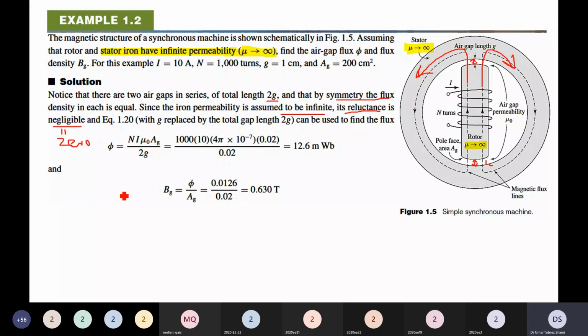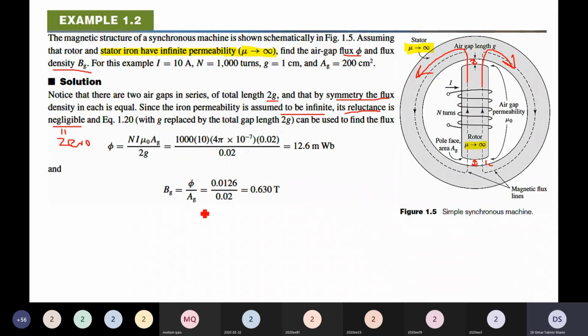And we divide this flux by the cross-sectional area of the air gap, because we have to find the flux density. Therefore, we divide the flux by the air gap area, that is equal to 0.630 Tesla.